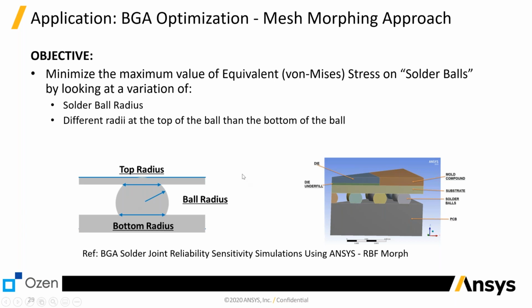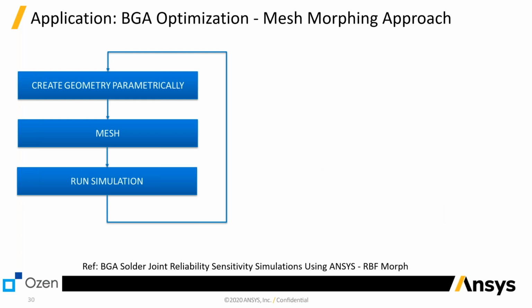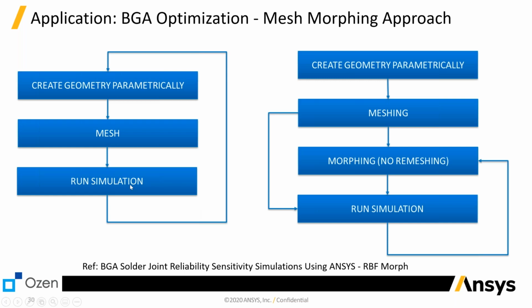We want to be able to see, by doing this mesh morphing, how the stress changes as a function of time. Normally, you create your geometry parametrically, you mesh it, and you run the simulation. However, using this RBF Morph technique, you create the parent geometry, you mesh it, then you morph the mesh.